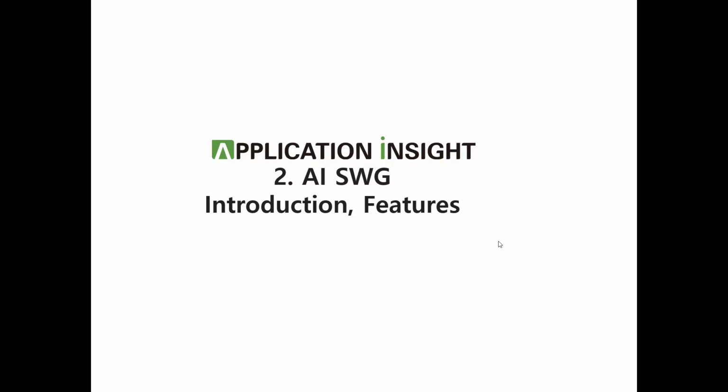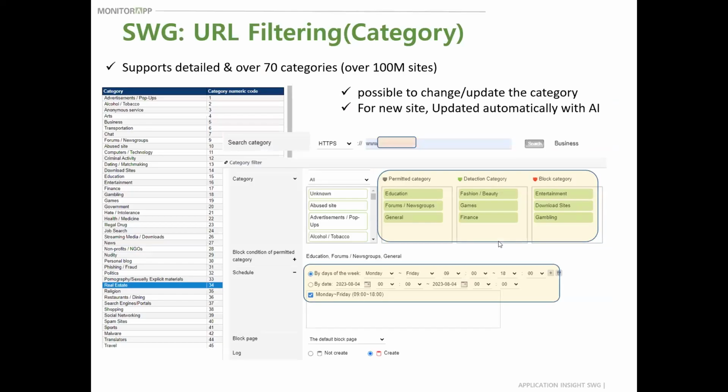Then let's look at more how AI SWG provides useful security functions. First and most important one is URL filtering or URL category. AI SWG has information on over 100 million websites and studies new sites continuously by surfing the internet.